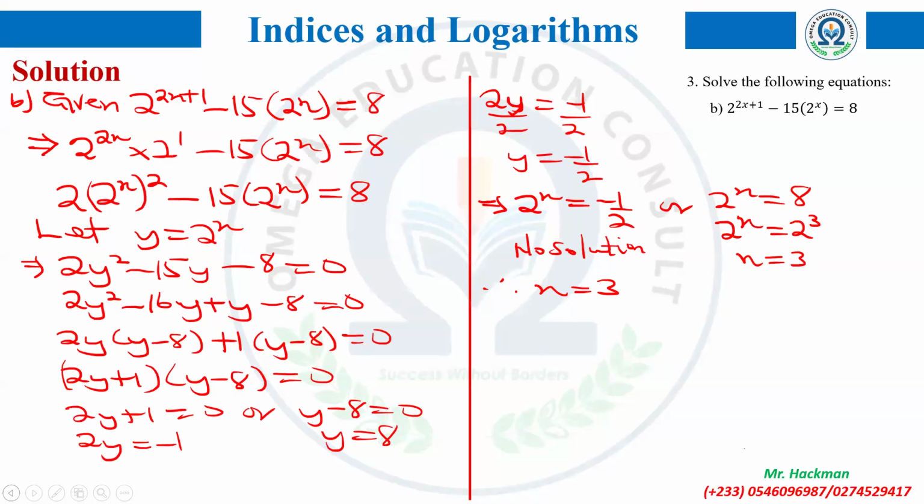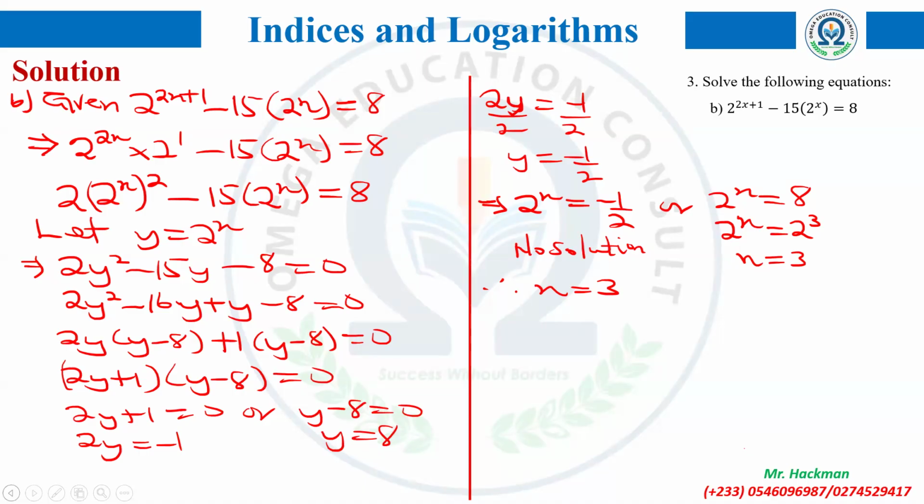Mr. Hackman, I'm not saying that maybe what she has seen is just a question. What I'm saying is about the 2x is equal to -1/2. I punched in my calculator -2 to the power -1, and I had -1/2.